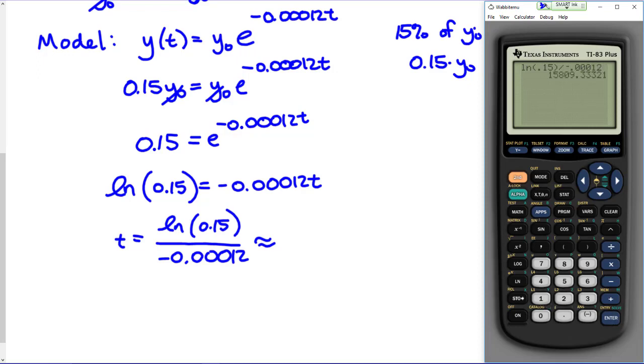Let's just go to the nearest year here: 15,809 years. So that's the approximate age here.